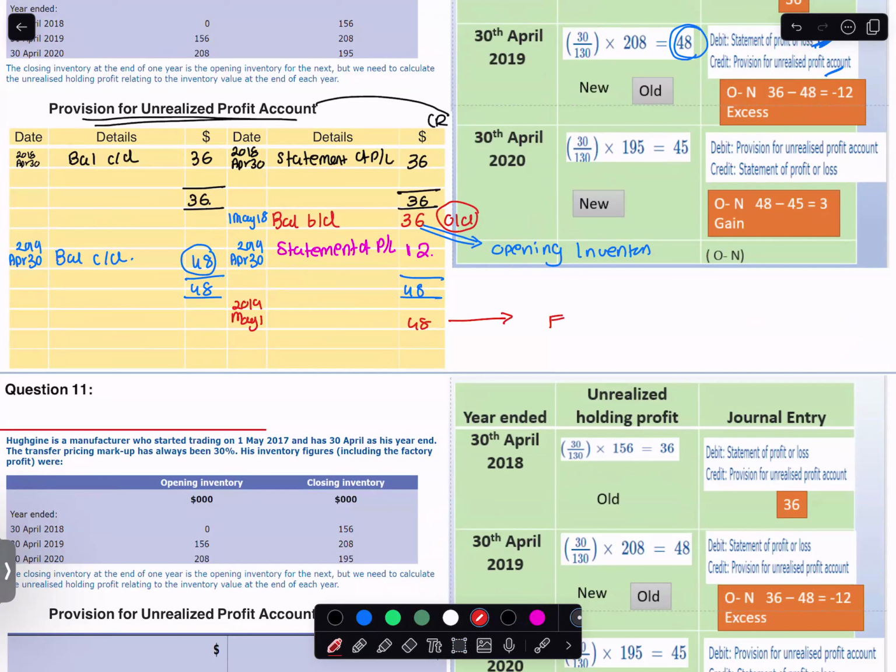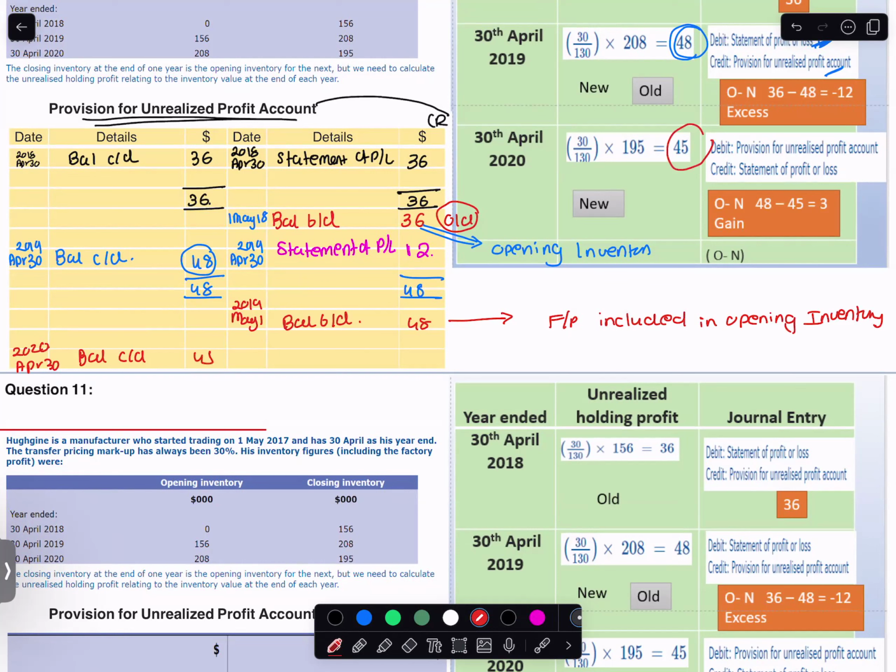This would be factory profit included in which inventory? In opening inventory. How much? 48. Now balance carried down. Factory profit included in the closing inventory. How much? 45.